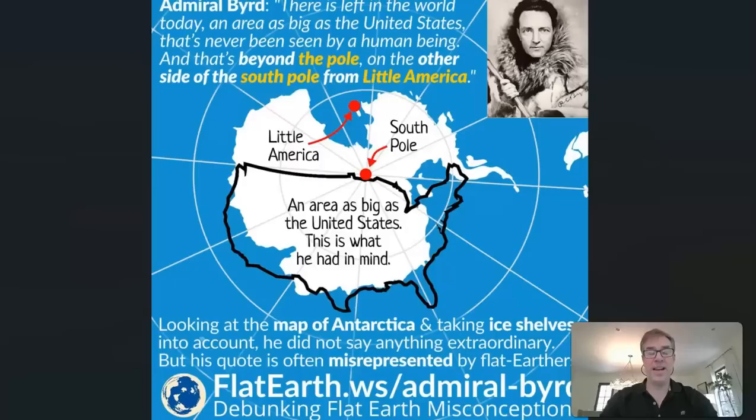And when you look at this quote from that perspective, it begins to make a lot of sense. There is left in the world today an area as big as the United States, again, 3 time zones of land, that's never been seen by a human being. And that's beyond the pole. So what pole are we talking about? And on the other side of Little America.